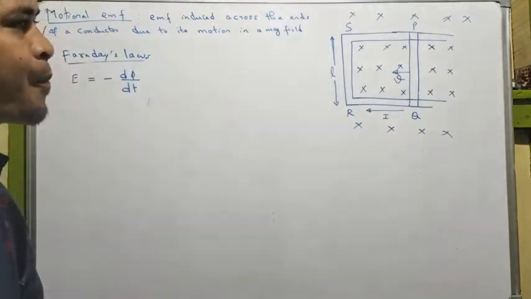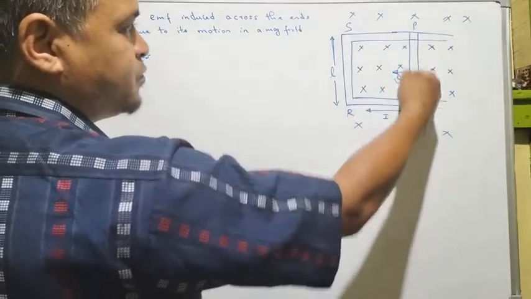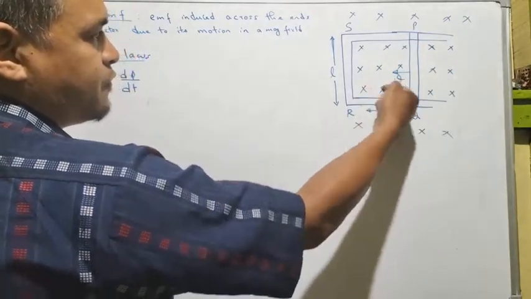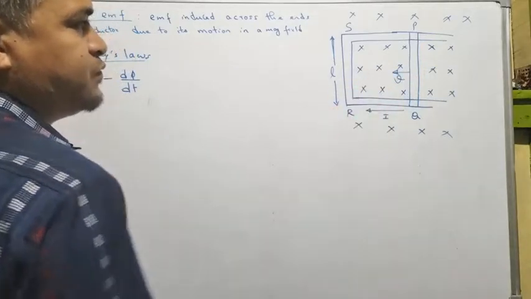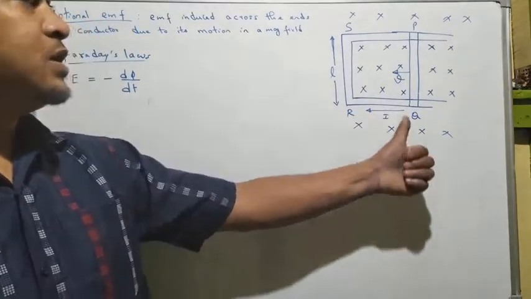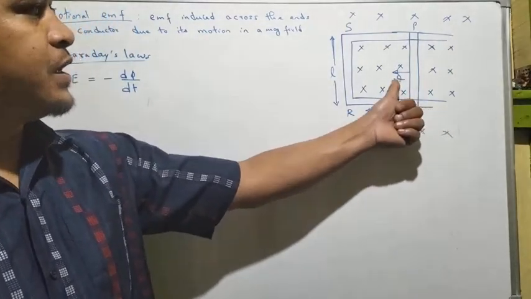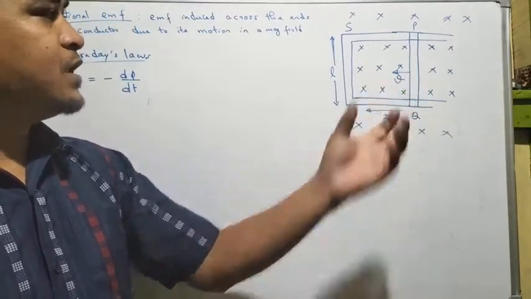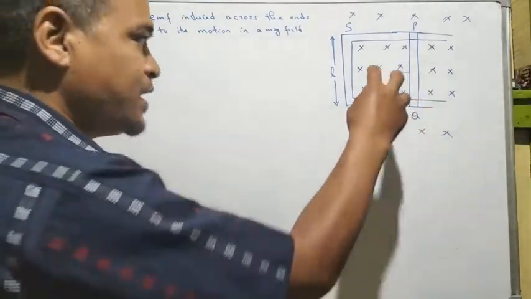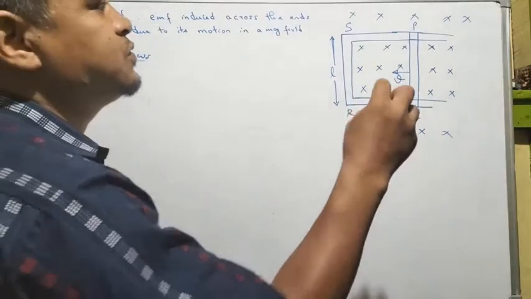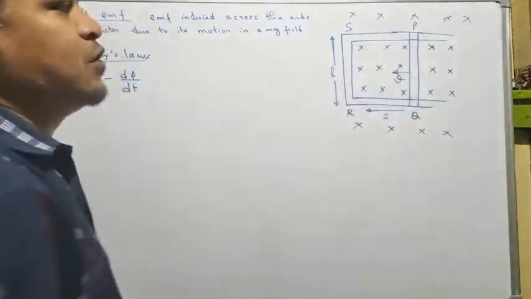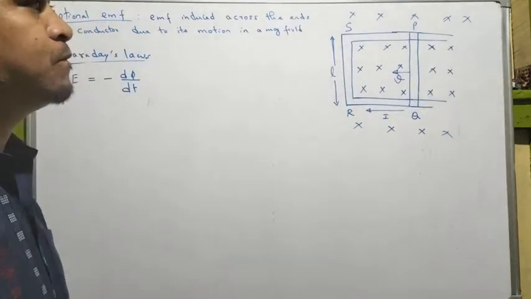Now if this conductor PQ is moving towards the left with a velocity V, then what will happen? Look here, as the conductor is moving this side, the magnetic flux which is passing through this closed loop PQRS will start decreasing.